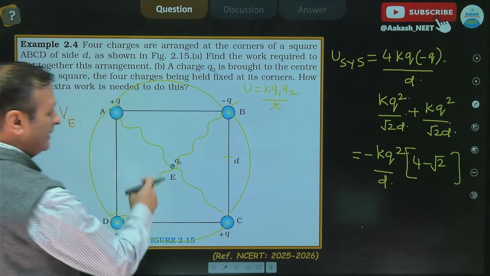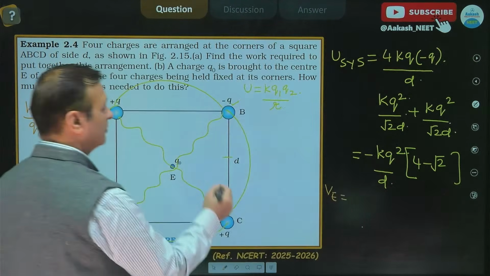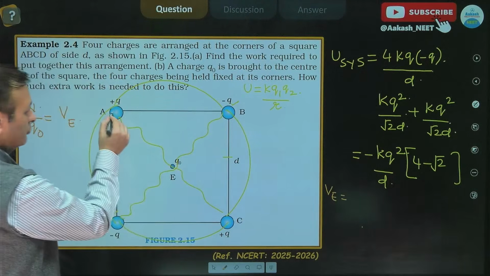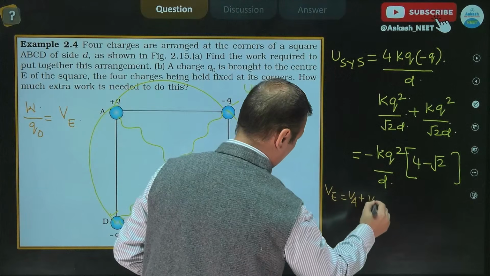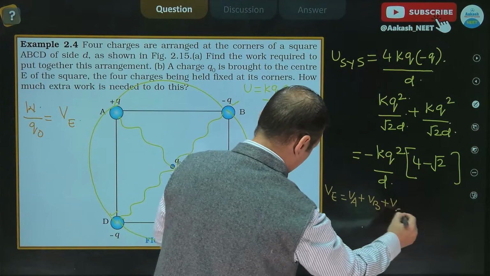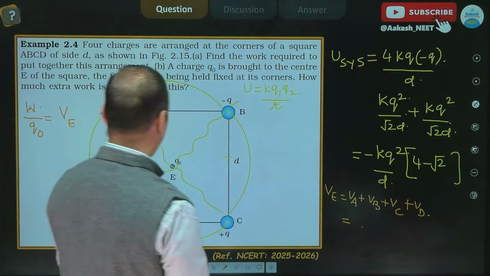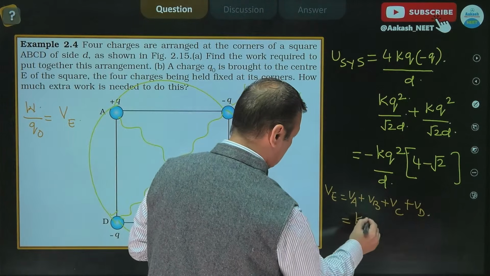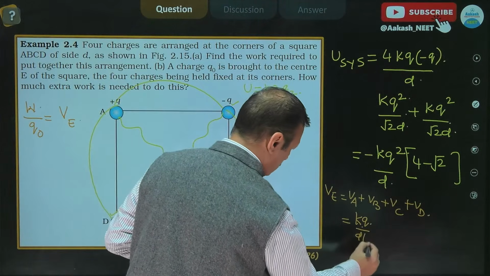So what is potential at E? Potential at E is due to all the 4 charges. So this is potential due to A, potential due to B, potential due to C, potential due to D. Potential due to A is KQ by D by root 2.